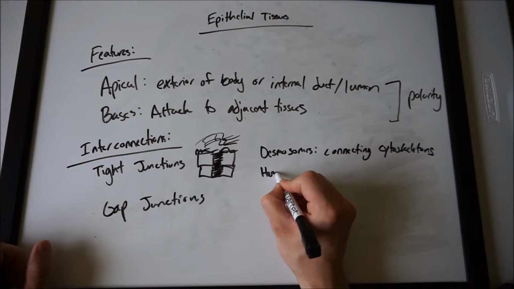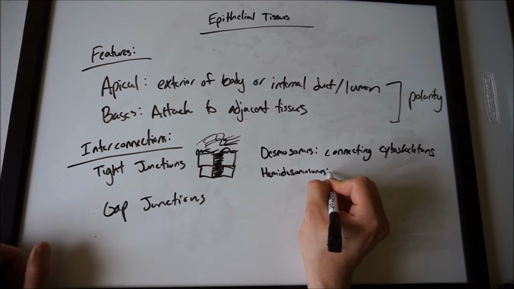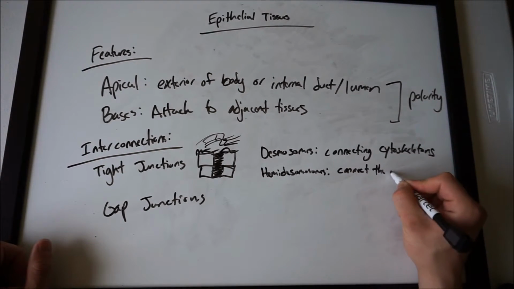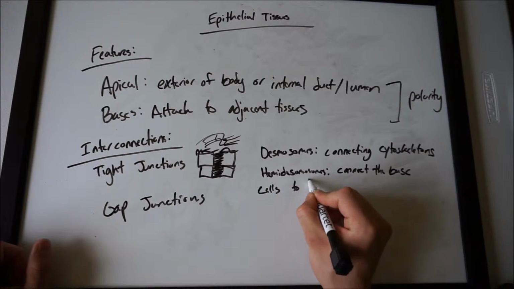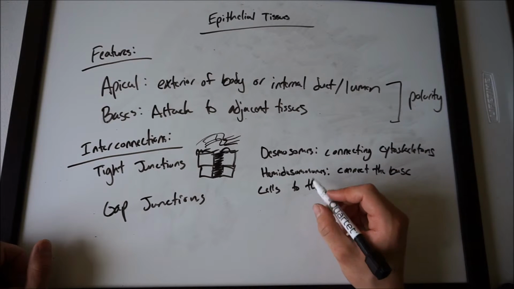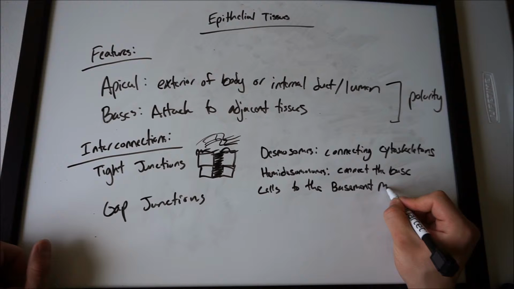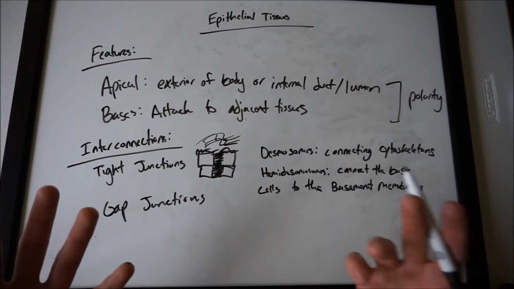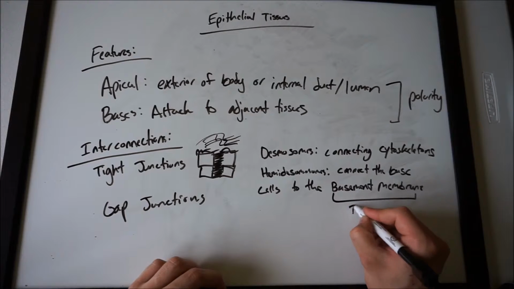While the hemidesmosomes connect the base cells to the basement membrane. And the basement membrane is a non-cellular structure. It's basically the transition zone.